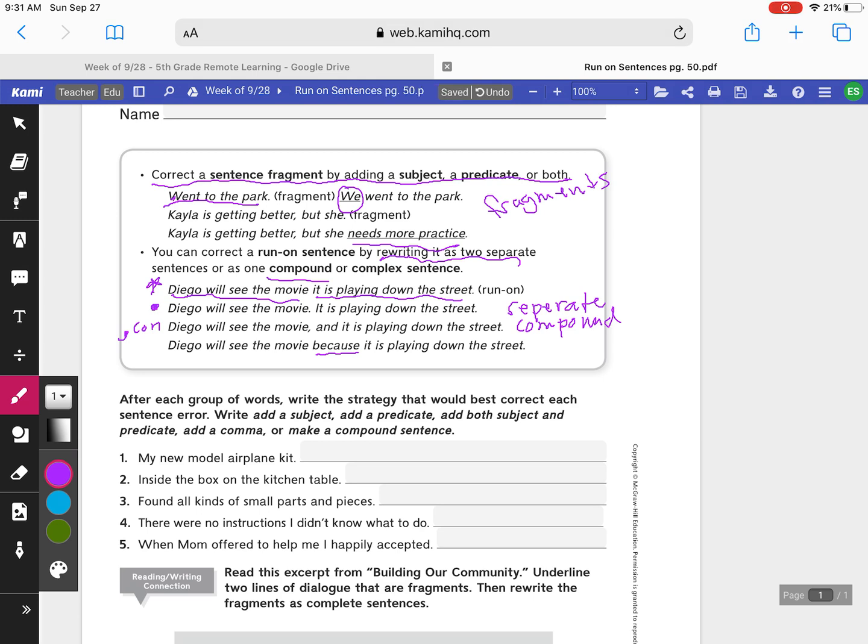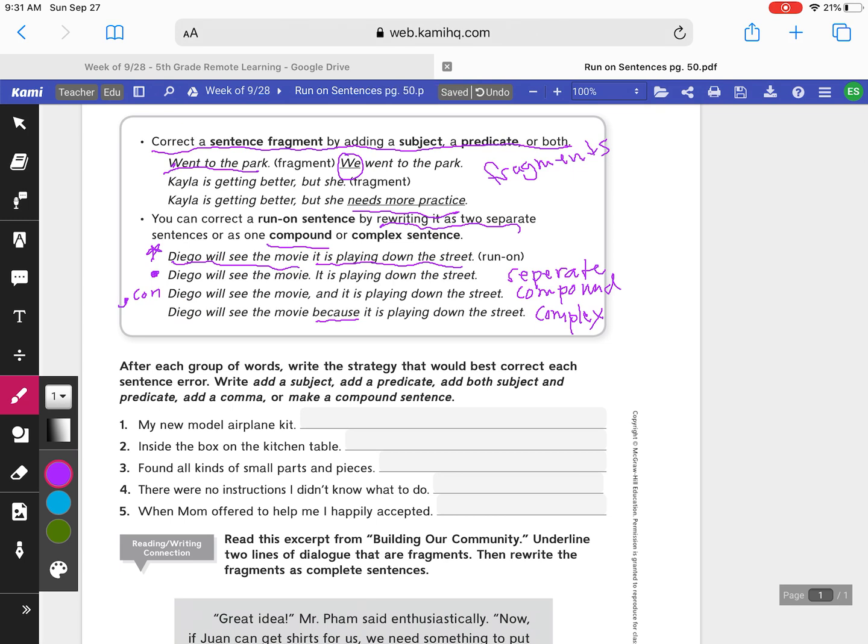Now notice when I put a subordinating conjunction in there, there is no comma at all. You don't do comma because it is playing down the street. Because is your connecting word, therefore no comma. All right. Complex.